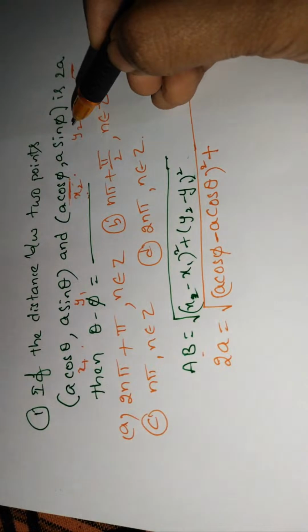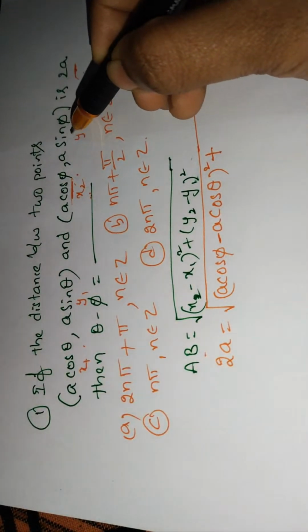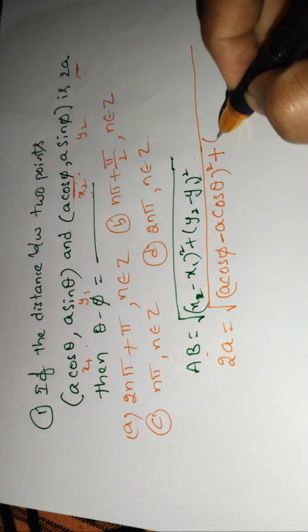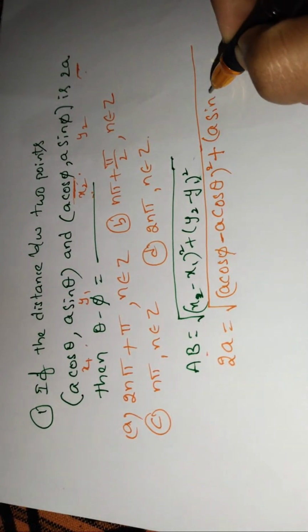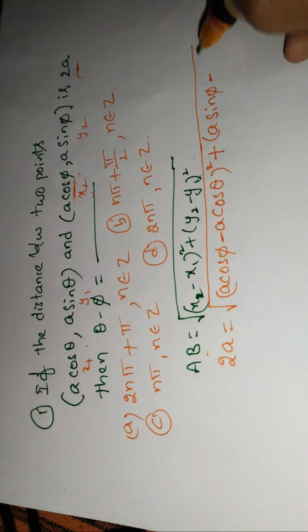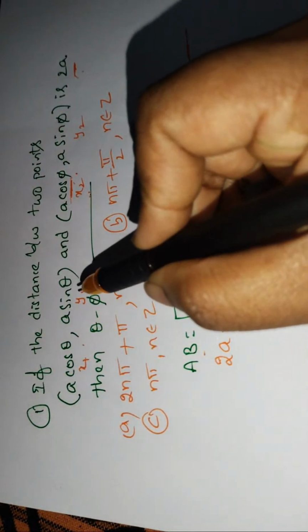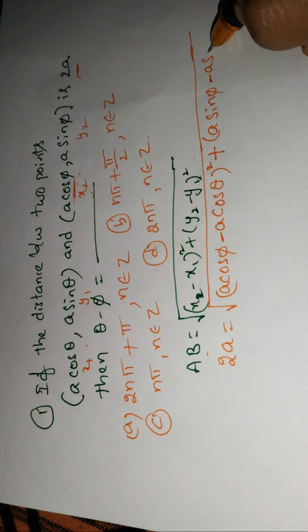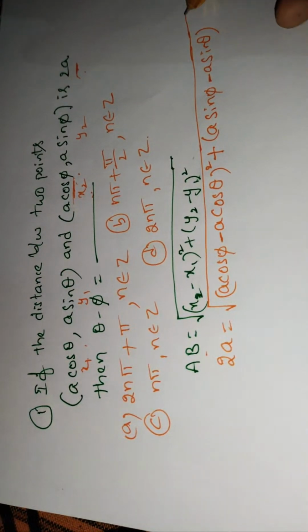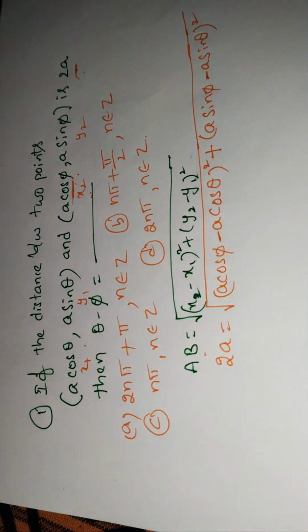What is y2 here? A sin phi, minus y1. What is the y1? A sin theta, whole square.